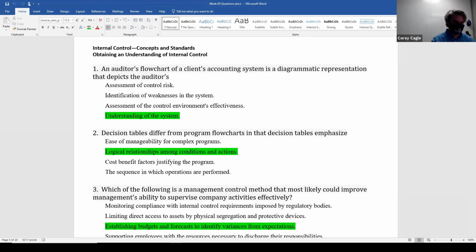So with the decision table, it's like one of those deals where it's like, if you choose yes, then this, if you choose no, then this, and that's a decision table. Yeah, that wasn't in the book. Was it not? Okay, I didn't know if it was or not.